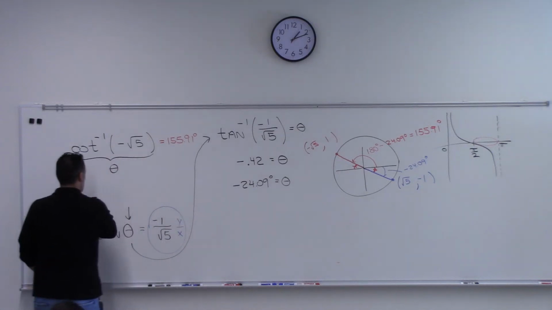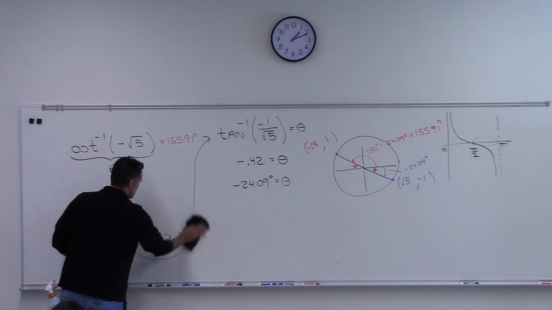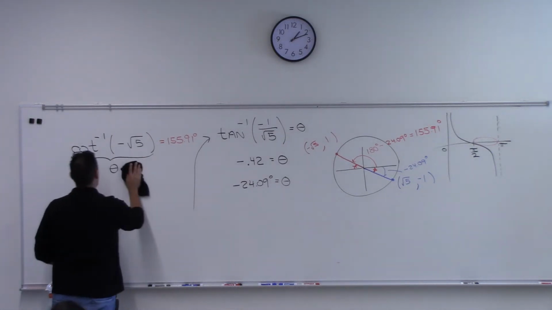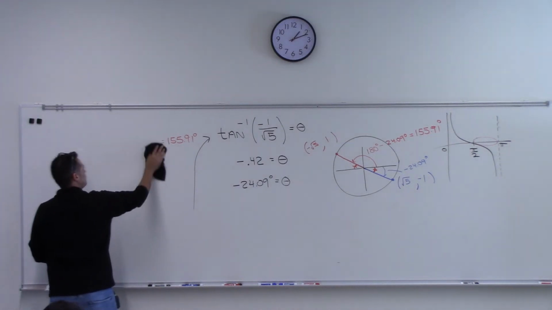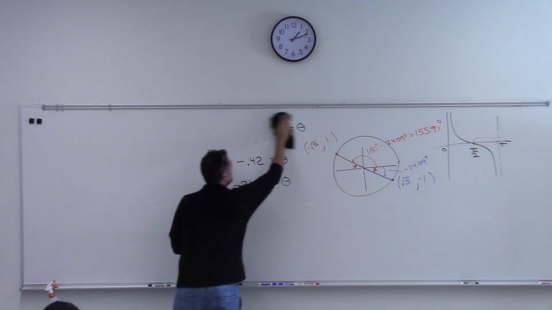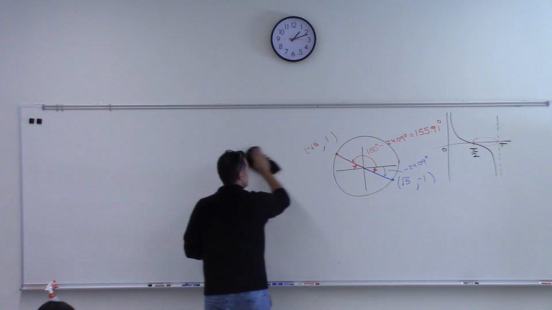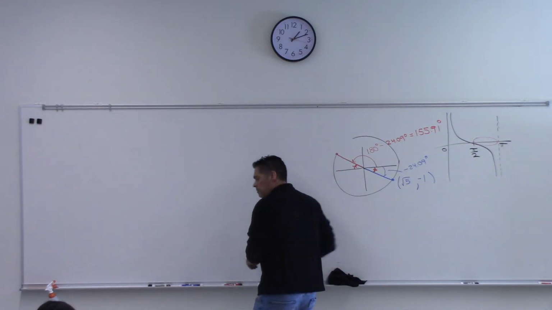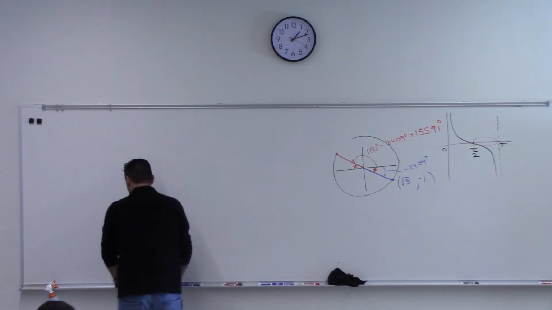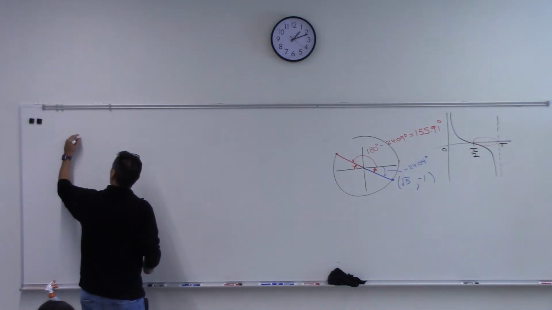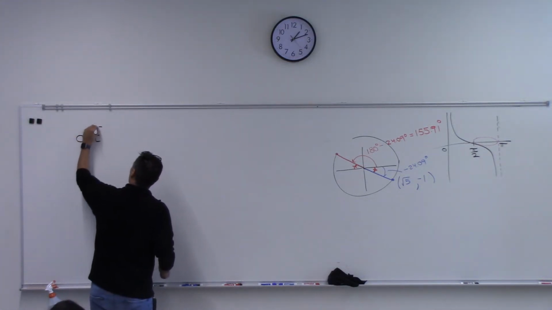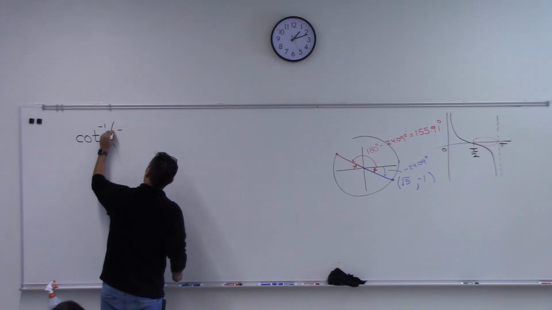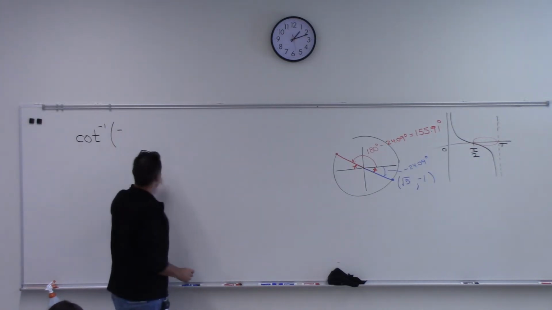Let's do the other problem that I was asked about, because it's the exact same setup. Maybe this will go a little bit smoother and faster. What was it again? Cotangent inverse of what? Negative 3 over 2?